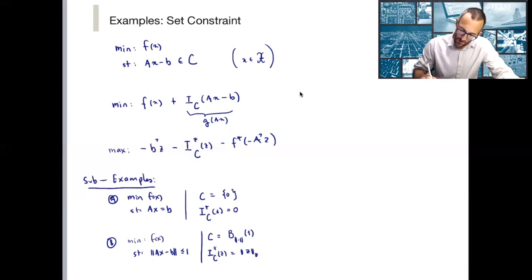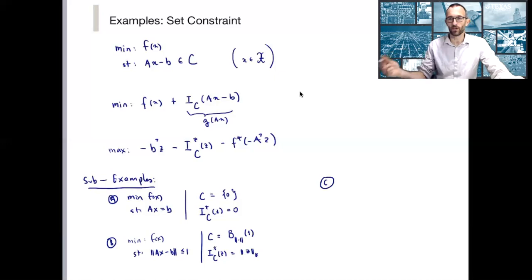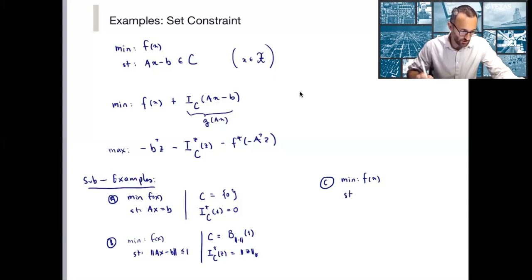And then a third example is a more general linear program or semi-definite program or some conic optimization problem. Even more general, because I'm not assuming a linear objective. Minimize f of x subject to Ax less than or equal to b, where this notation means less than or equal in the cone ordering.